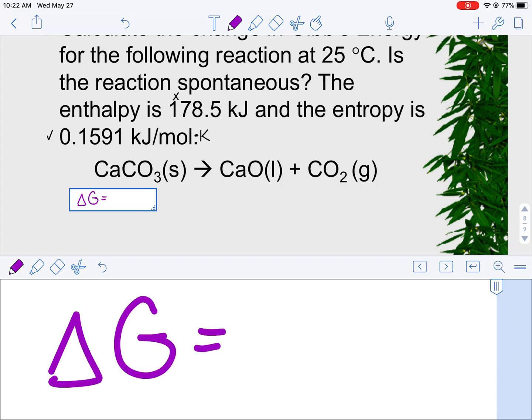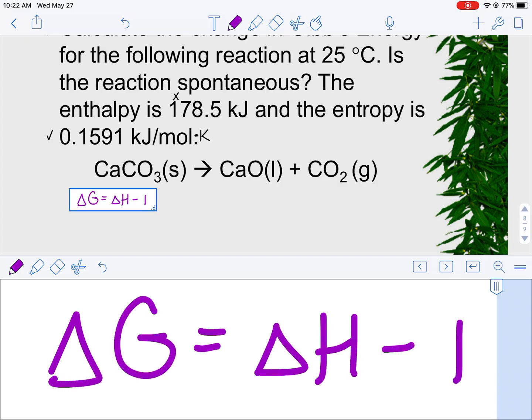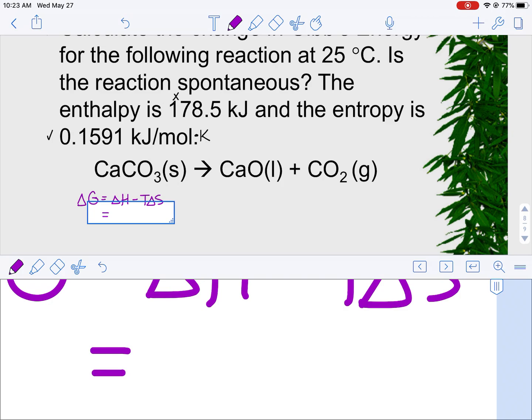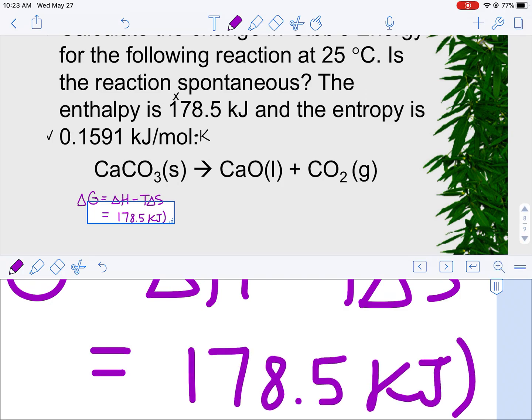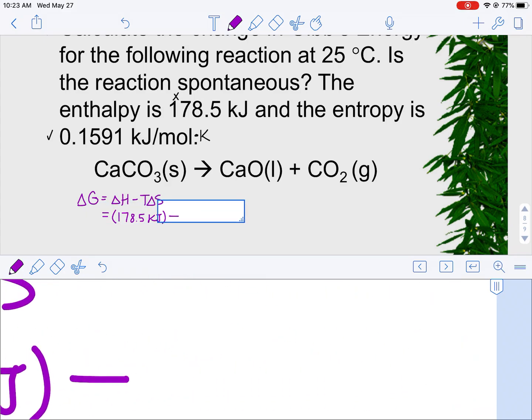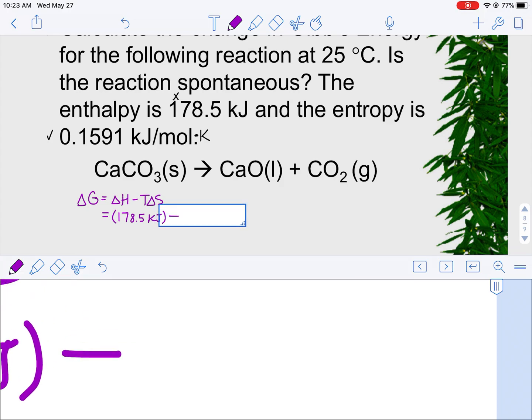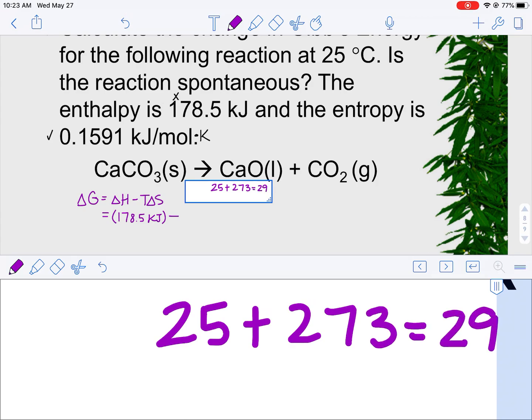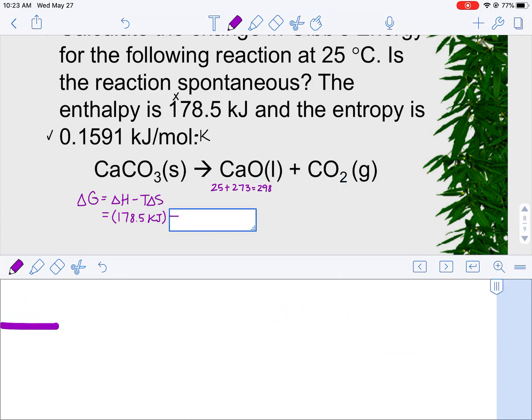All right, so Gibbs free energy. Delta G is equal to delta H minus T delta S. Delta G is what we're solving for. The delta H is 178.5 kilojoules. I'm subtracting from that the temperature, which we said was 25 degrees Celsius plus 273, which is 298.